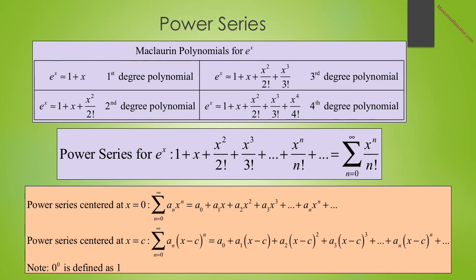And that would be written as summation n equals 0 to infinity of a sub n times the quantity x minus c raised to the n power, which is a sub 0 plus a sub 1 times quantity x minus c plus a sub 2 times quantity x minus c squared plus a sub 3 times quantity x minus c cubed plus ... plus a sub n times quantity x minus c raised to the nth plus ... It should be noted that for definition purposes, we will define 0 to the 0 as 1.